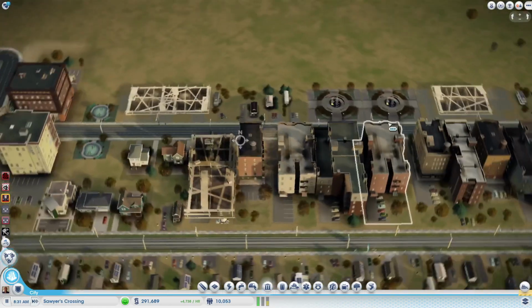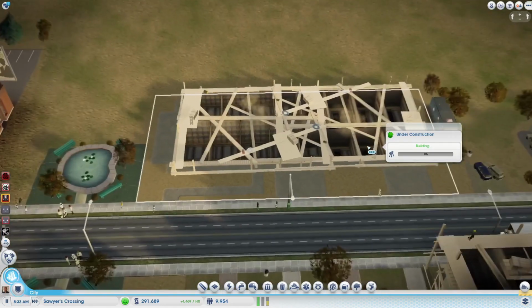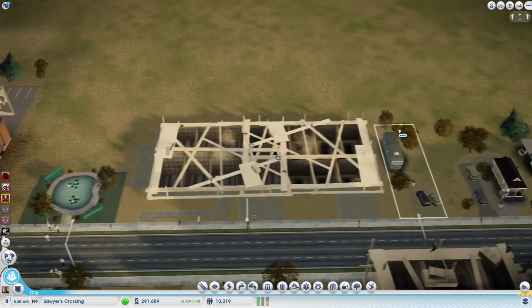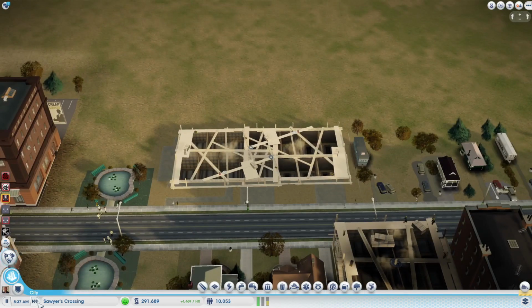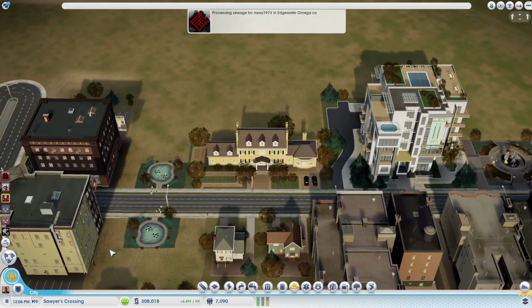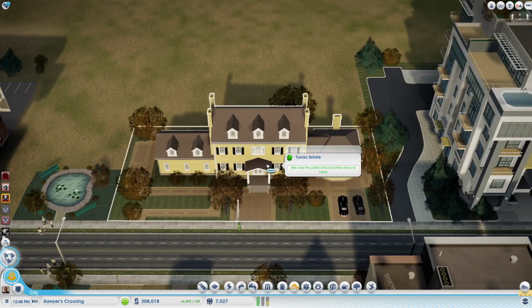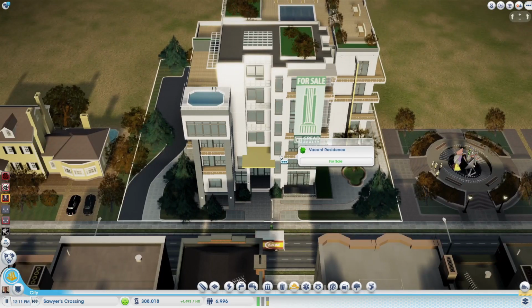So now these two medium houses are now converting into one large mansion, if you will. So now we have a high land value single family home, and we have a high land value multifamily home.